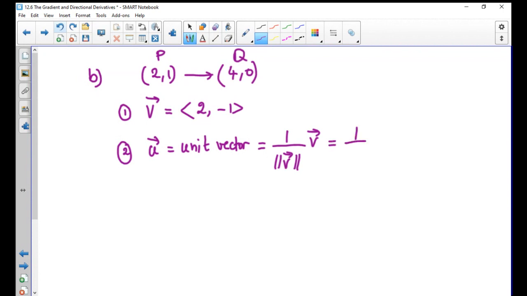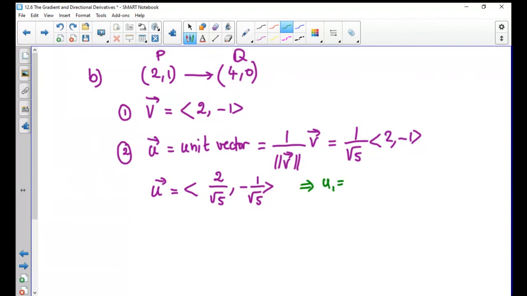So it's going to be 1 over square root of 5 multiplied by 2, minus 1. So the unit vector u is 2 over square root of 5, minus 1 over square root of 5. So that means u1 is 2 over square root of 5 and u2 is minus 1 over square root of 5.